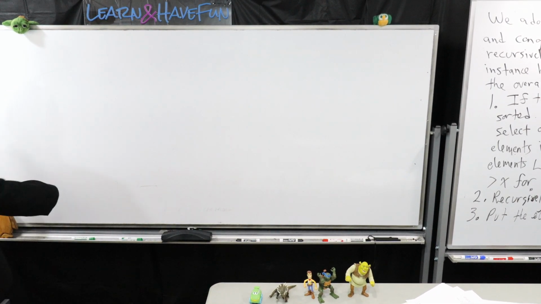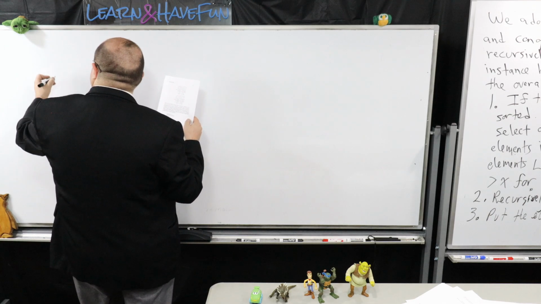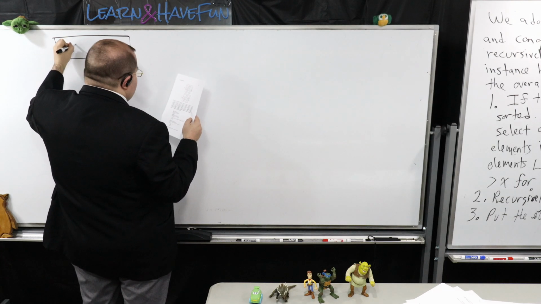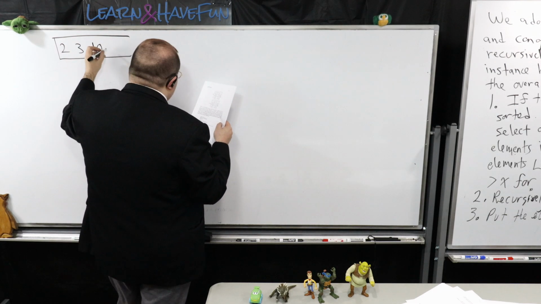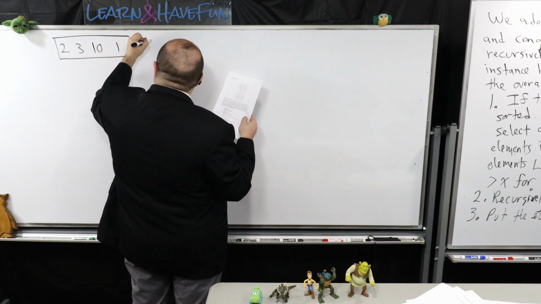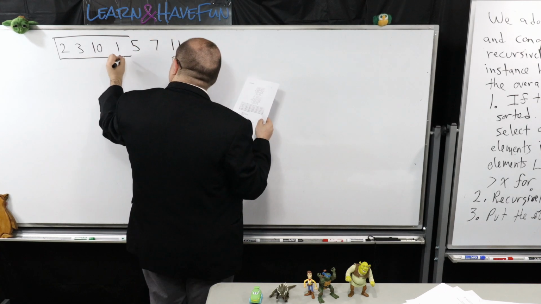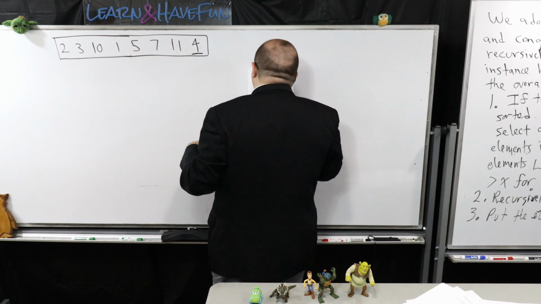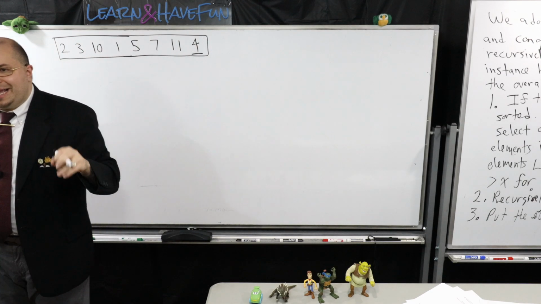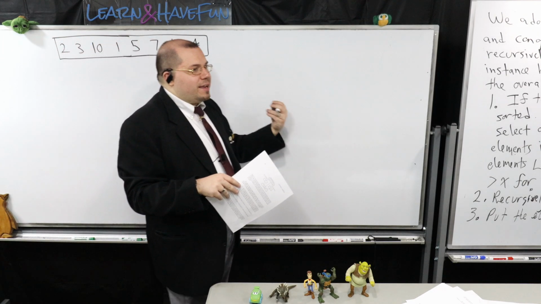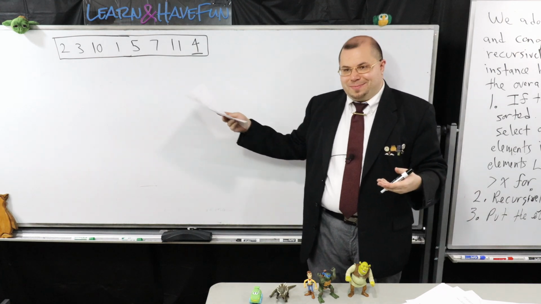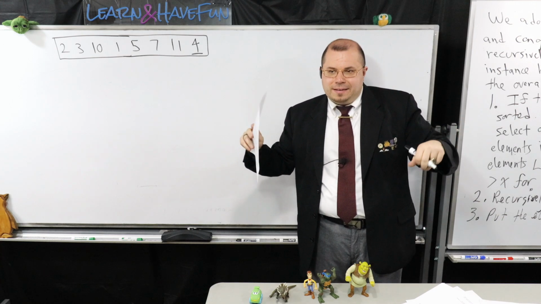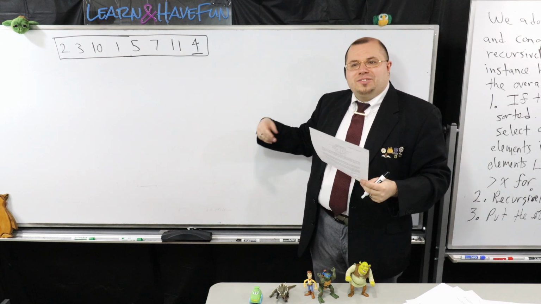So suppose I give you an array like this. Suppose I have 2, 3, 10, 10, 1, 5, 7, 11, and 4. So what I'm going to do is pick 4 to be my pivot. In the algorithm, I'm going to presume that the last element in whatever I'm considering is the pivot, and I'm going to imagine putting things into buckets that are in themselves sorted.